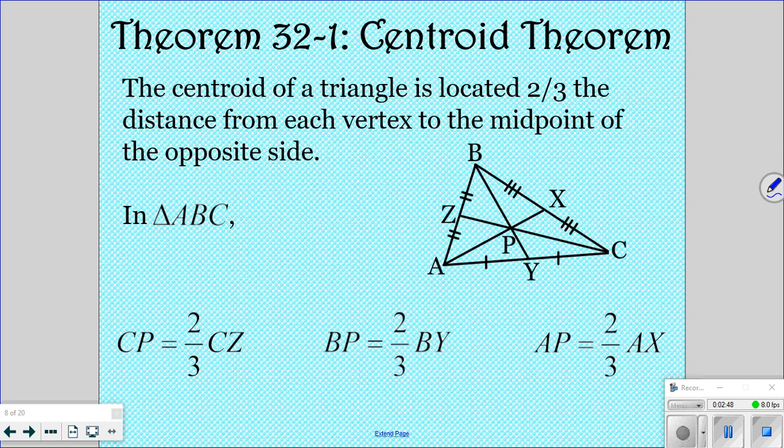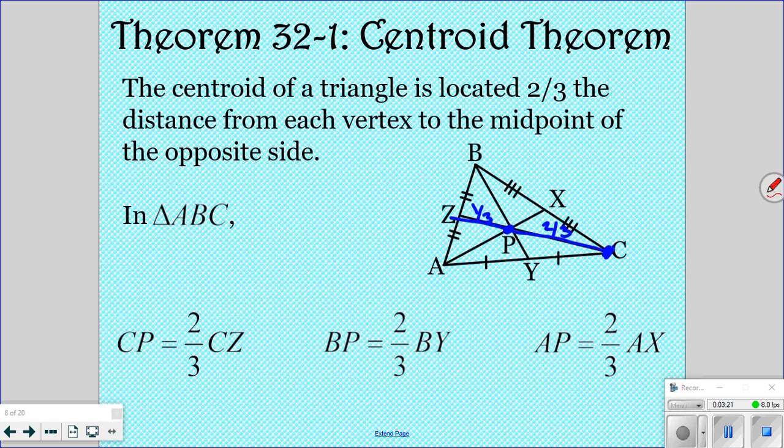This is the centroid theorem, Theorem 32.1. Your centroid is always located 2/3 of the distance from each vertex to the midpoint of the opposite side. So in this triangle, let's look at CP. CP is 2/3 of the whole thing. So this part is 2/3, and then this part over here is 1/3. The 2/3 is always the one that starts at the vertex and goes to the centroid.